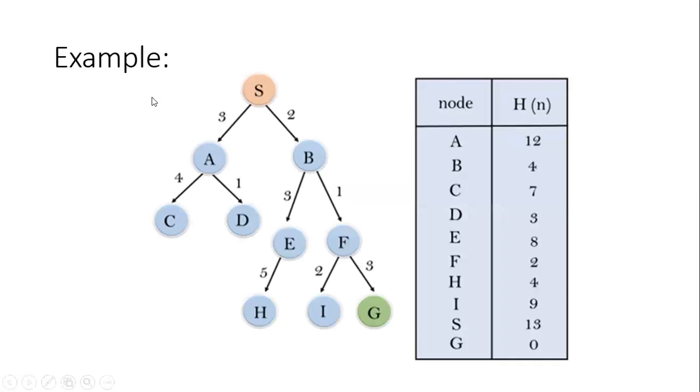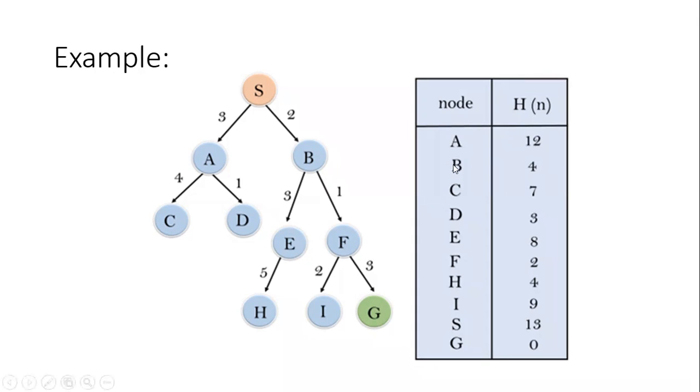So imagine we have a graph like this one, where we have nodes from A up to S, and for each node we have this h of n. Now, h of n represents the heuristic estimate. So, for example, from A to G, the estimated straight line distance is 12.